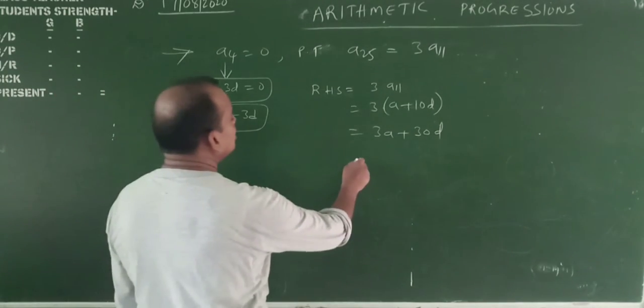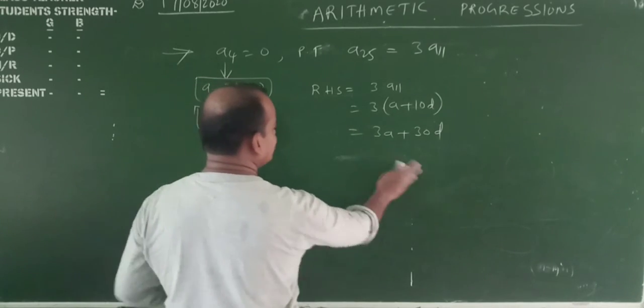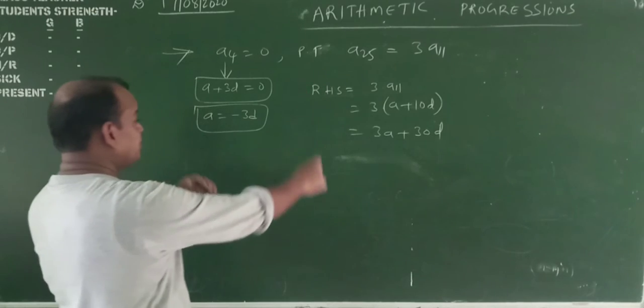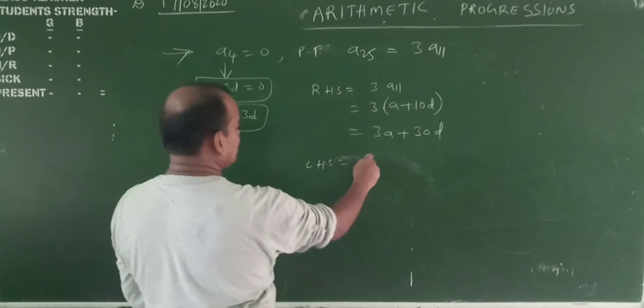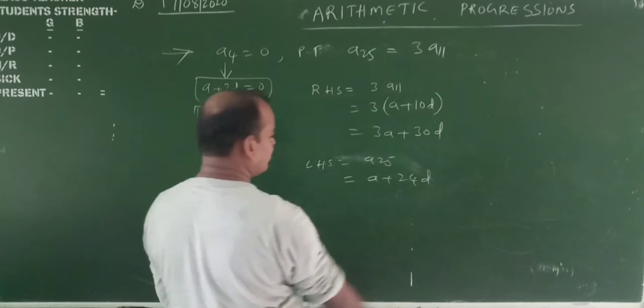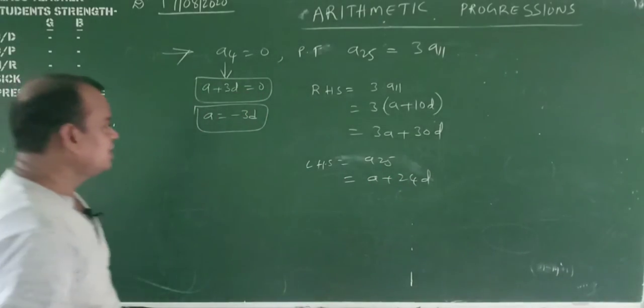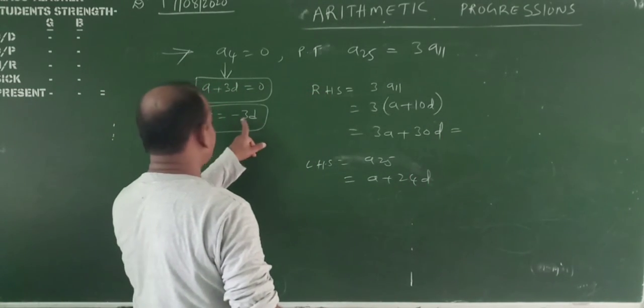Now the LHS, A25, means A plus 24D. Observe that in 3A plus 30D, the A value is minus 3D.